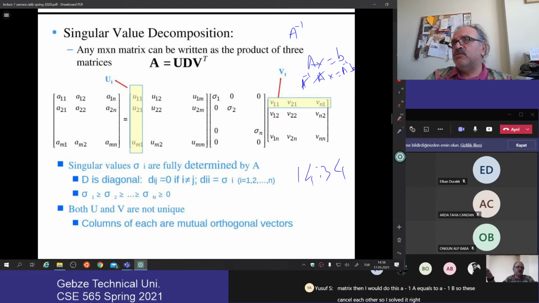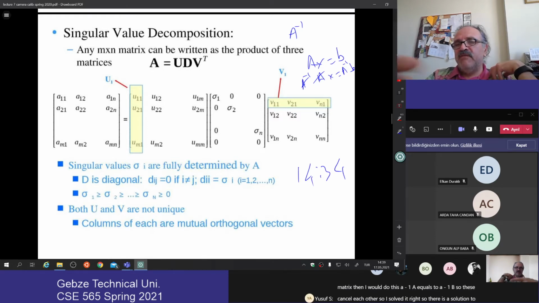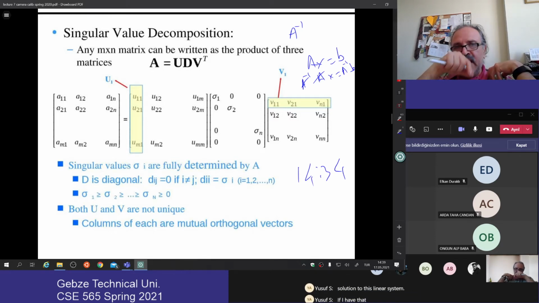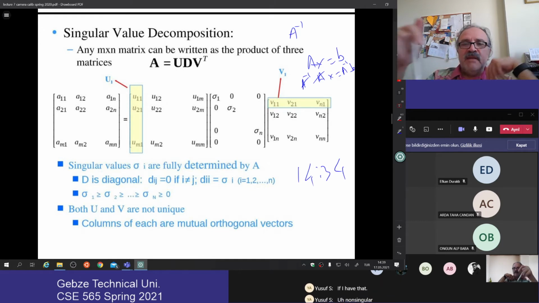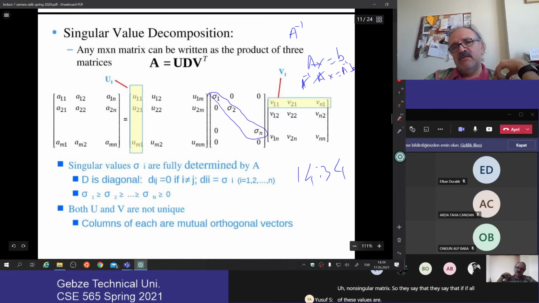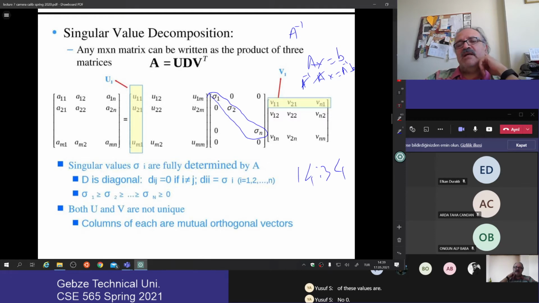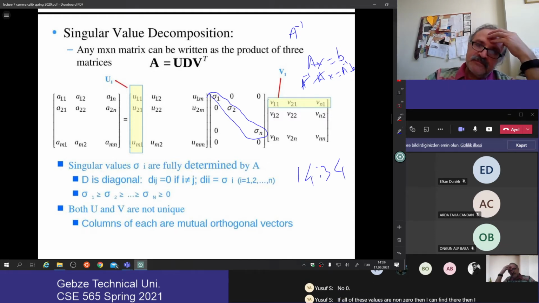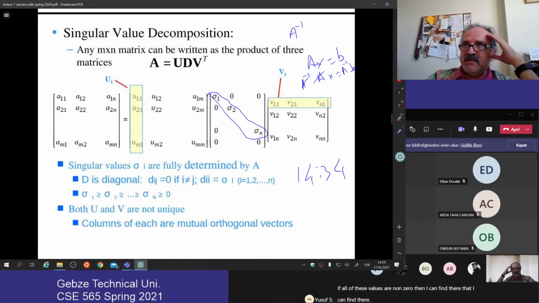So there is a solution to this linear system if I have a non-singular matrix. So they say that if all of these values are non-zero, then I can find the inverse of this matrix nicely.